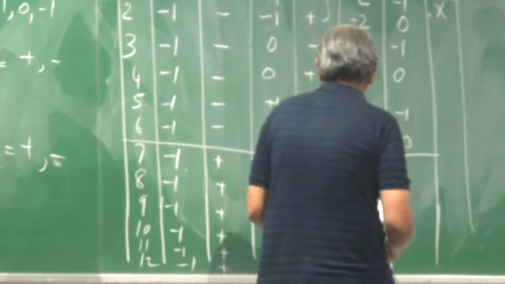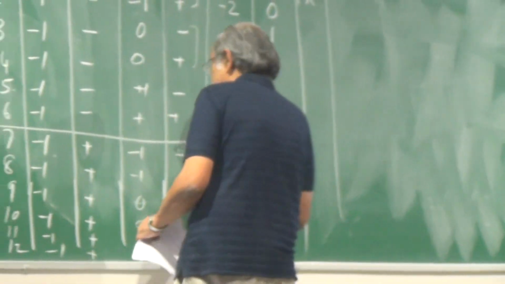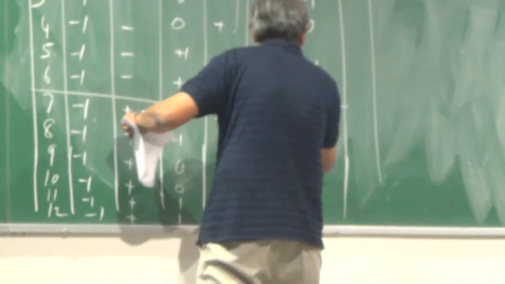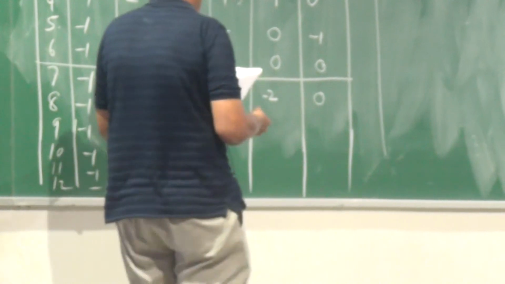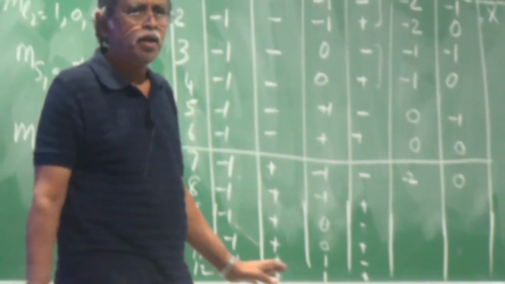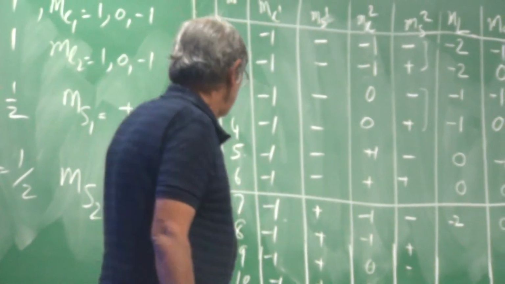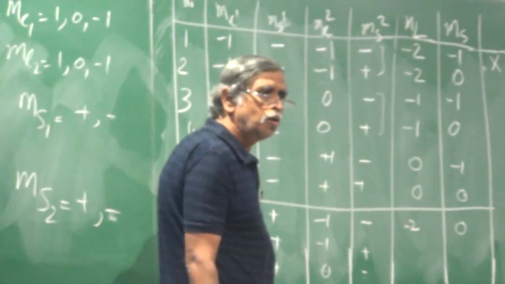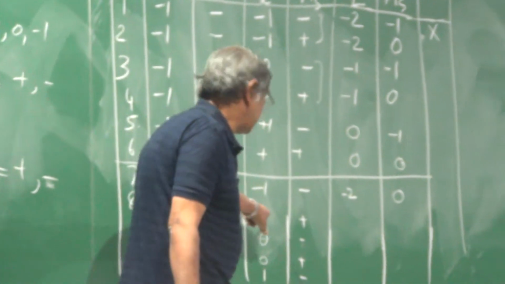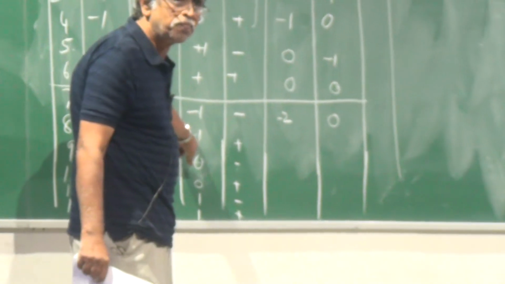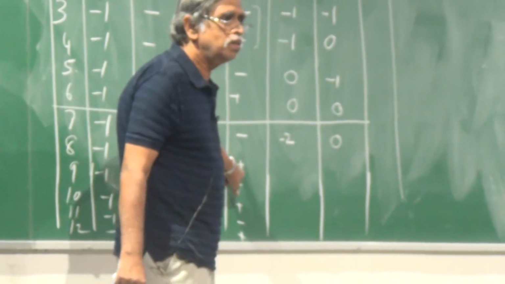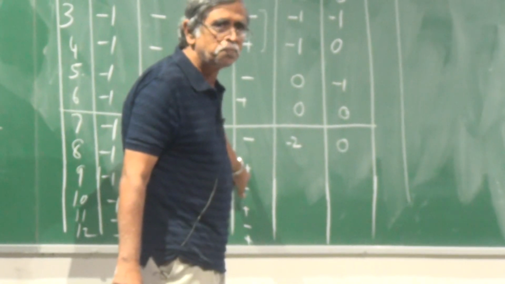Minus 1 and minus 1 is going to give me minus 2 and this is going to give me 0. Let's take the next one. What is this? Minus 1, minus 1. Both are same. The plus and the plus, both are same.